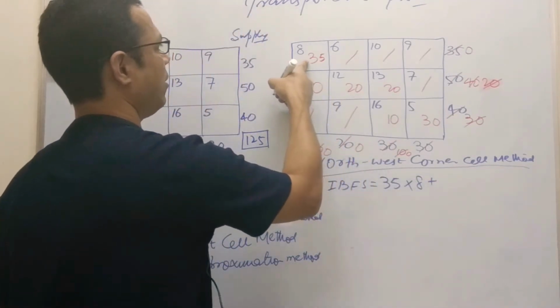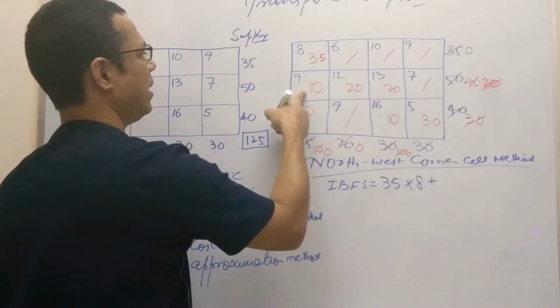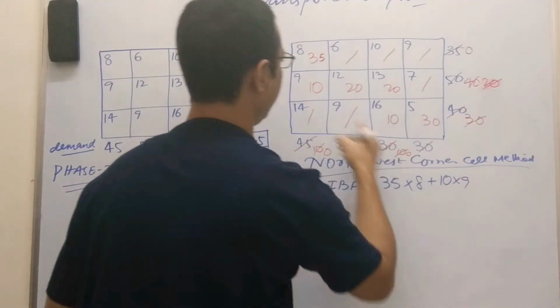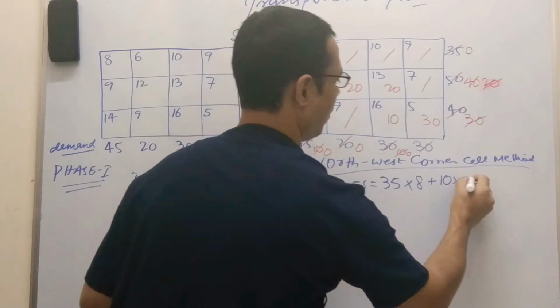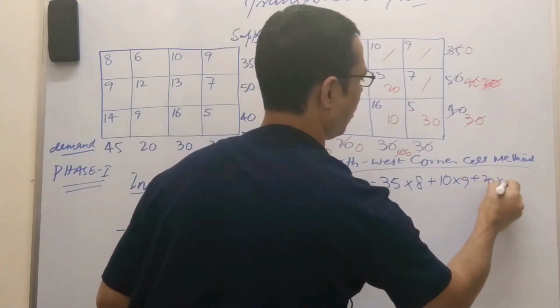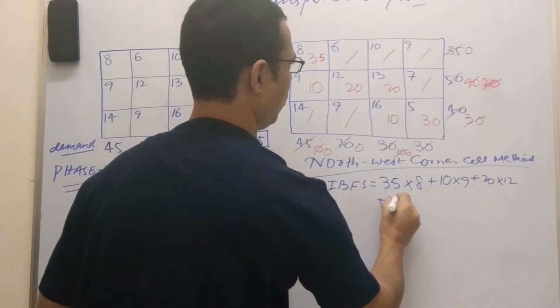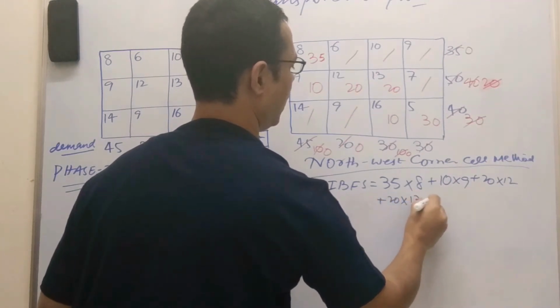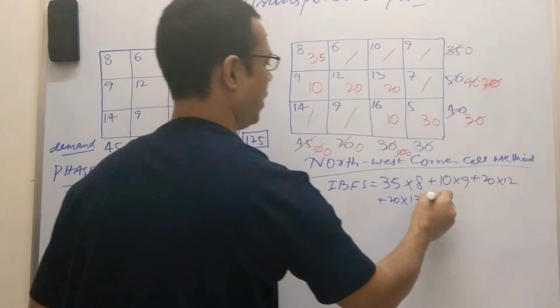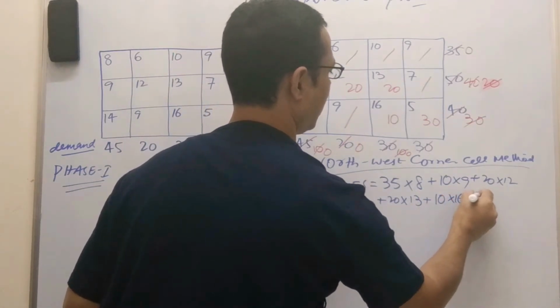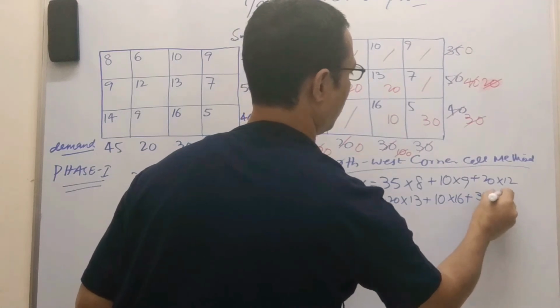First allocated cell 35 into 8, then the next allocated cell 10 into 9, then 20 into 12, then 20 into 13, then 10 into 16, then 30 into 5.